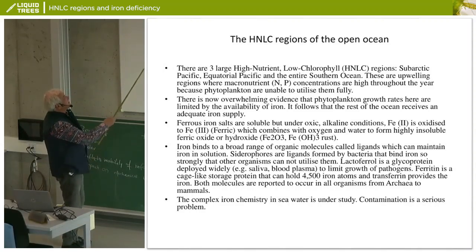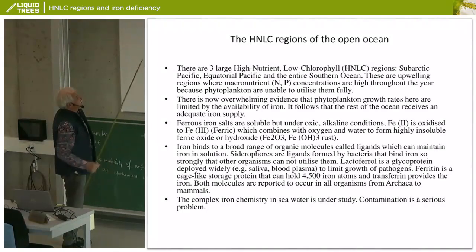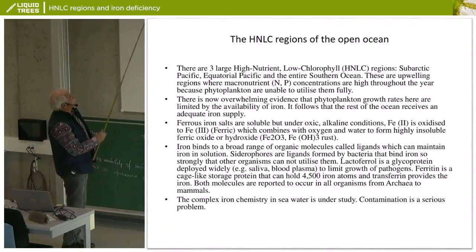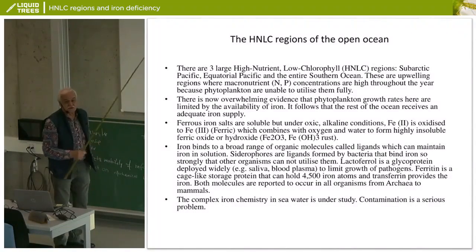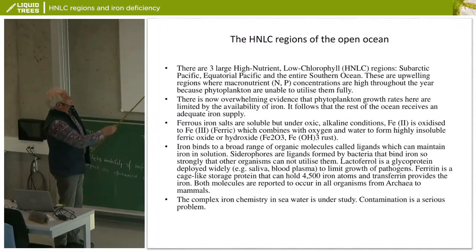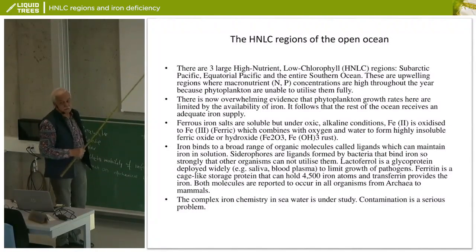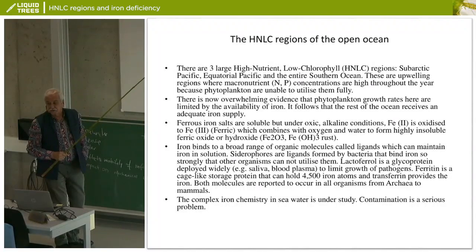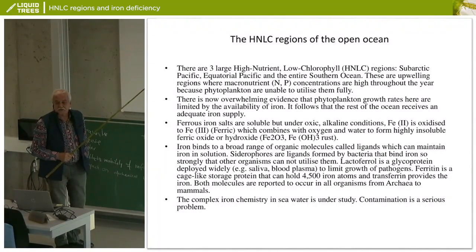There are three large high nutrient, low chlorophyll regions. The subarctic Pacific, I've said already, there's now overwhelming evidence that phytoplankton growth rates here are limited by the availability of iron. It's only iron. It follows that the rest of the ocean received an adequate iron supply. Where you have high chlorophyll concentrations, or high productivity, a lot of biomass, it means there's iron.